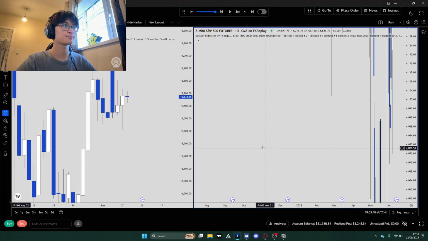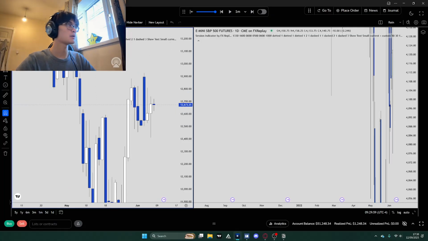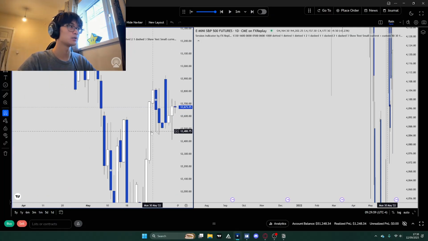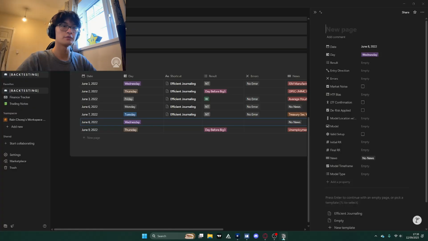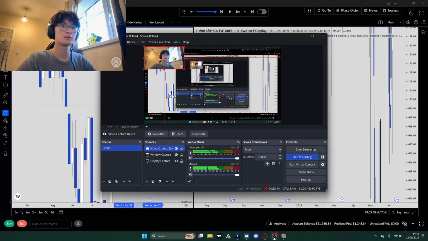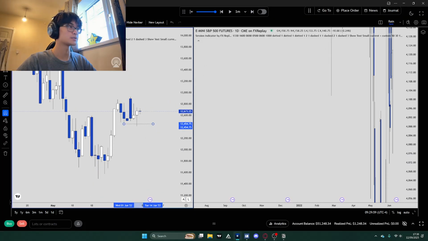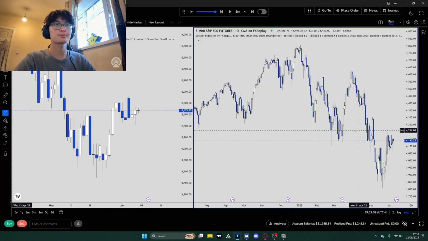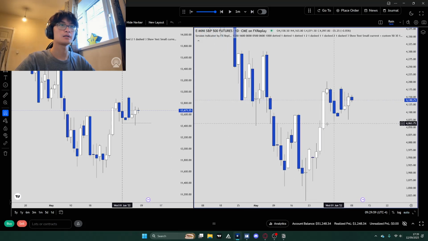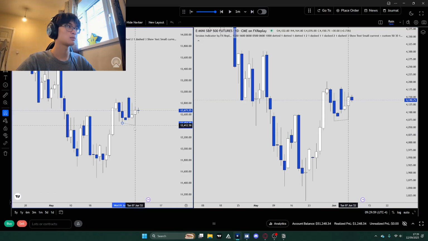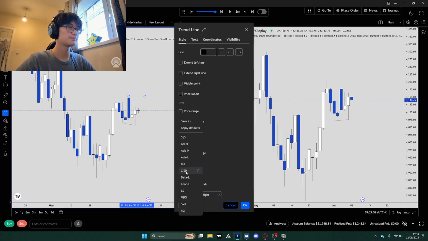Next day, Wednesday, we sweep the low right here. How long have we been going for? 33 minutes, not bad. SMT at the lows. Swing high here.